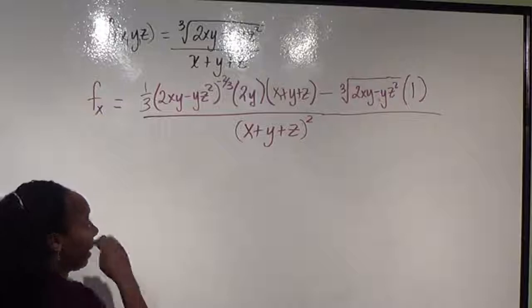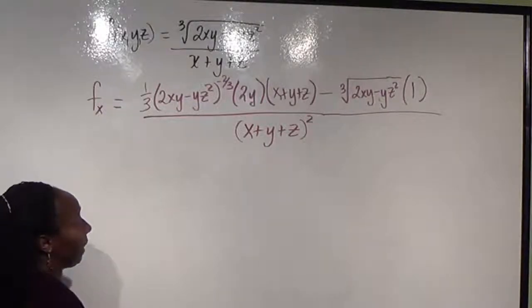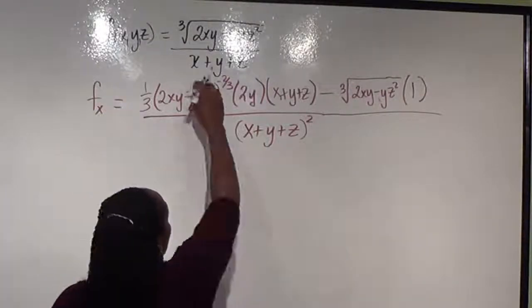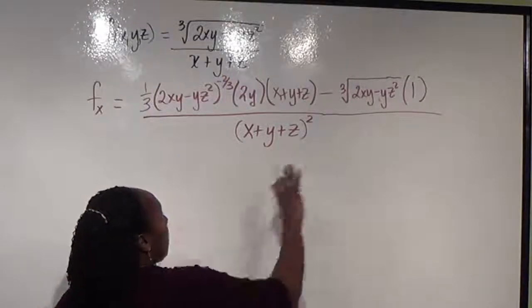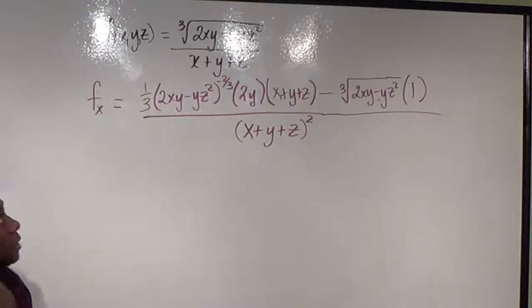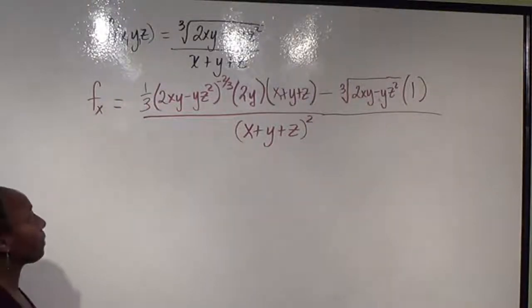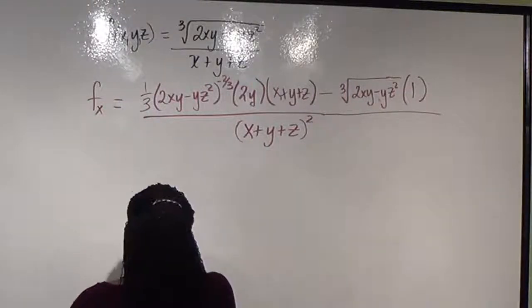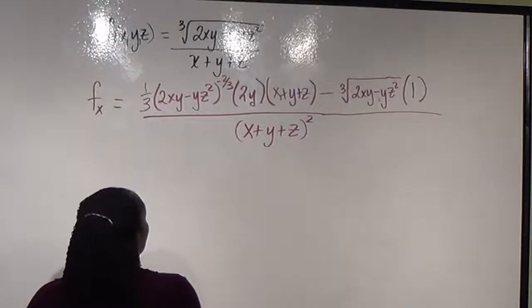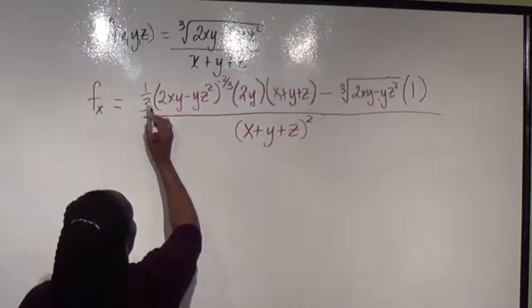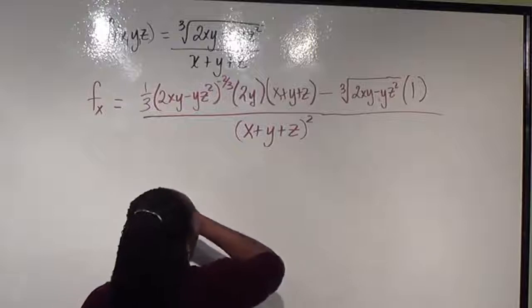So in this case, I'm going to start by getting rid of the negative exponent on the top. So notice that's 1 over that, so I'm going to need to multiply by an x, 2xy minus yz squared to the 1/3. Okay? Sorry, to the 2/3. And I've also got this 3 there, so I'm going to multiply that by 3 too.